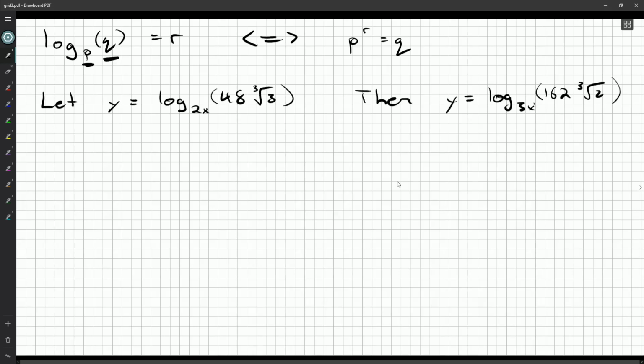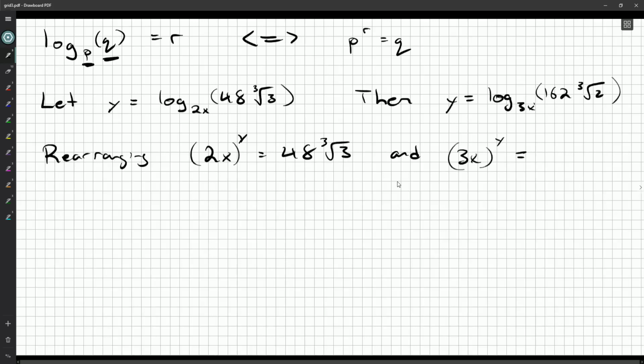Okay. So, rearranging, 2x to the y is 48 cube root of 3, and 3x to the y is equal to 162 cube root of 2.